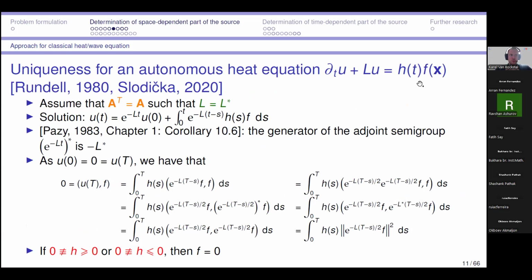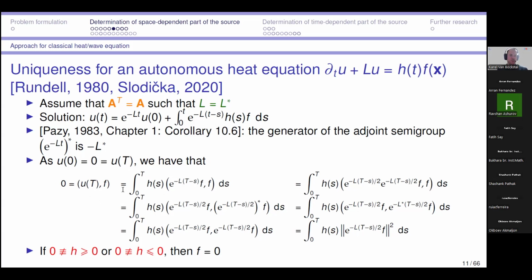And we note that the generator of the adjoint semigroup is minus the adjoint operator of L, so it's minus L. And this can be the main ingredient to show also the uniqueness. In this situation, it is in the case that either h is positive and nowhere 0, or h is negative. So u at final time is equal to 0.